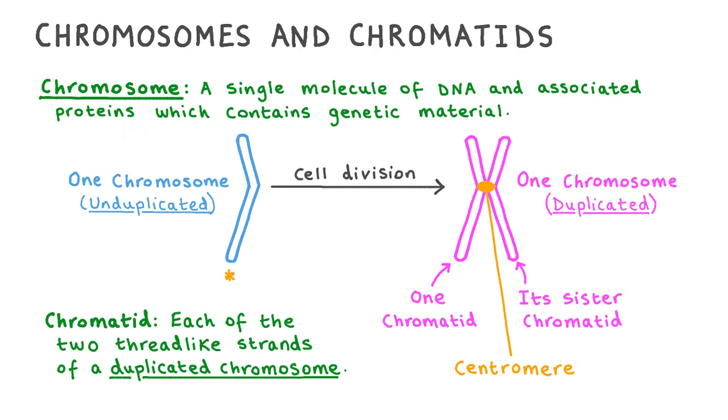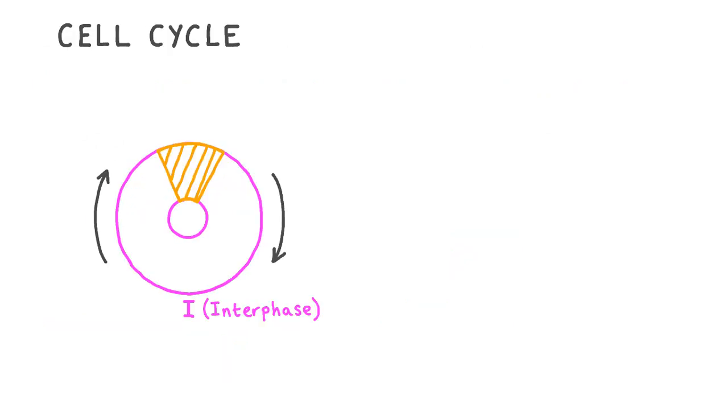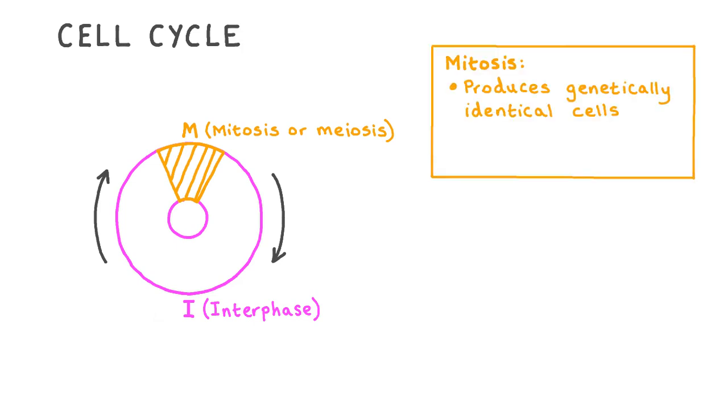Chromosomes change their structure and appearance depending on what stage of the cell cycle a particular cell is in. A cell has a life cycle called the cell cycle, which can be divided into a growing phase, I, which is short for interphase, and a division phase, M, where a cell divides either by mitosis or meiosis. Mitosis produces genetically identical daughter cells.